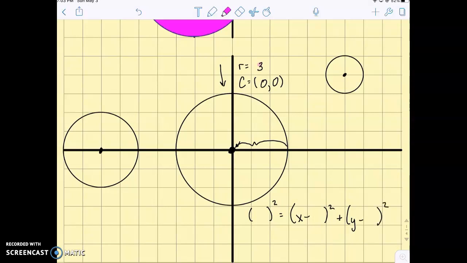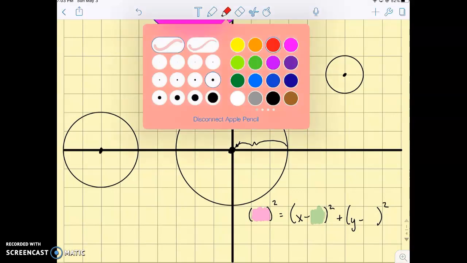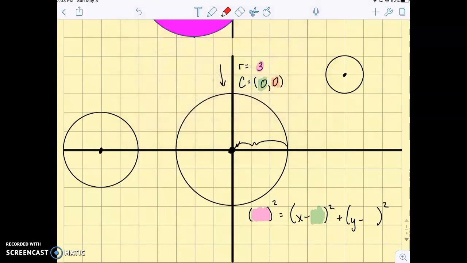The radius goes in this first blank, and then the h value, or x, goes in the second blank, and the k value will go in the third blank. So having your skeleton nearby will be very helpful.